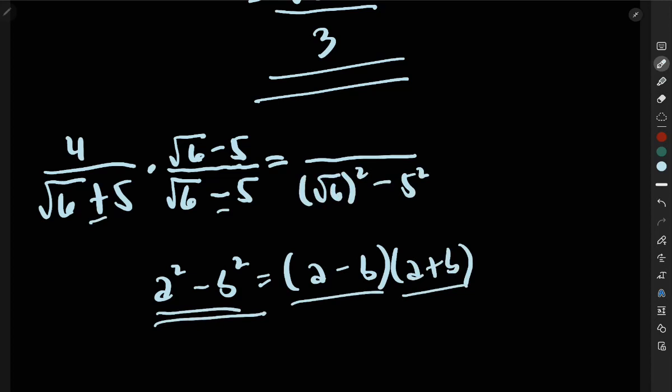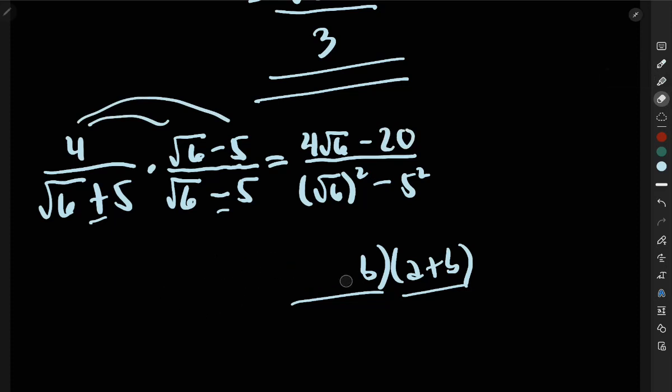On top, you can just distribute the 4. 4 square root of 6 minus 4 times 5 is 20. So we just distribute the 4 here. So there's no problem on top, because our concern here is the denominator, that the square root will be gone. That is the main purpose of rationalizing a fraction.